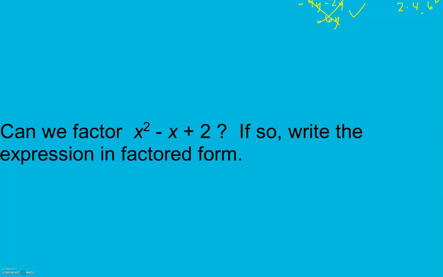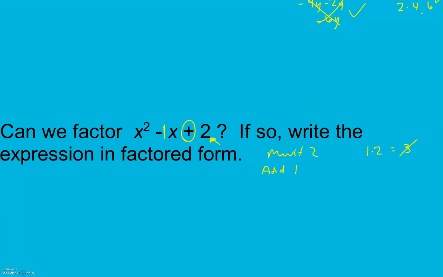Here, we're going to check, can we factor this? In order to do that, we need to multiply to 2 and add to 1. Remember, our coefficient's a 1 if it's not listed. Our only options for multiplying to 2 are 1 and 2. When we add that, we get 3, which is not what we have here.